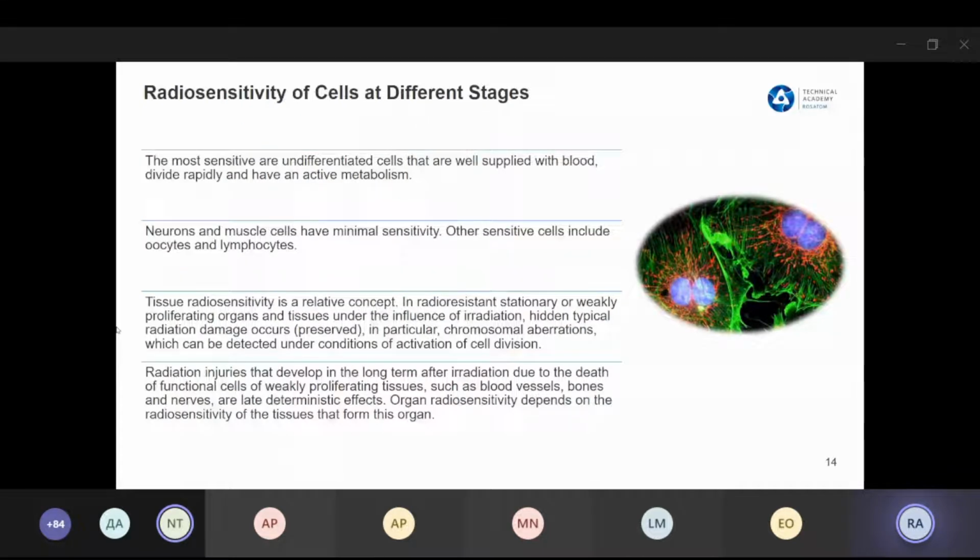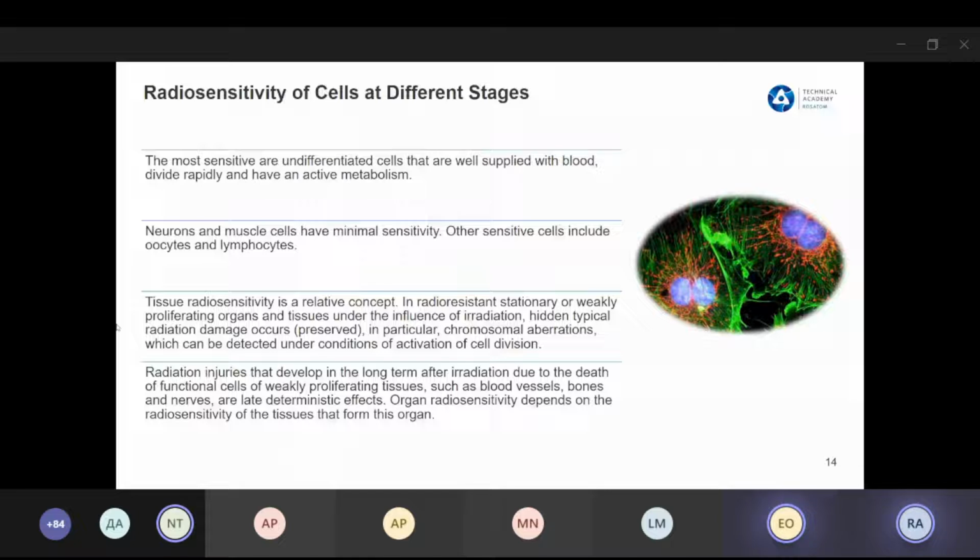The most sensitive are differentiated cells that are well supplied with blood, divide rapidly, and have active metabolism. In the human body, such cells are gametes, erythroblasts, epidermal stem cells, and stem cells of the gastrointestinal tract.